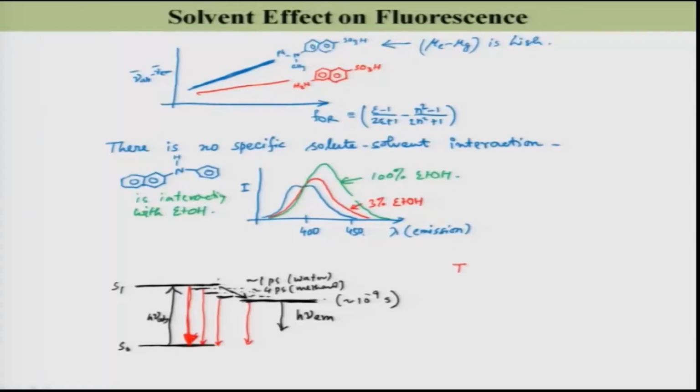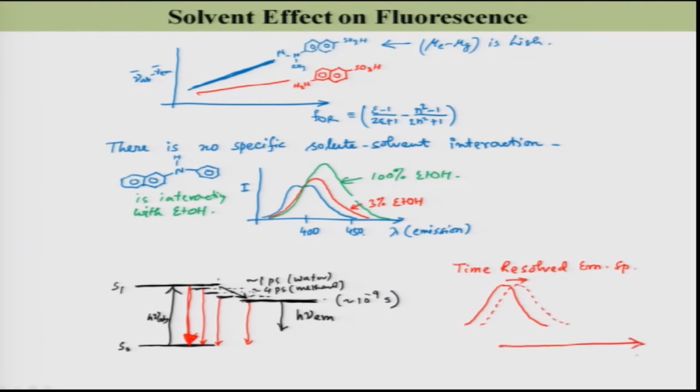So, basically what you are going to see is the following: time resolved emission spectra. Initially at early time your emission spectra is something like this. As time goes, the emission spectra will shift to the longer wavelength.